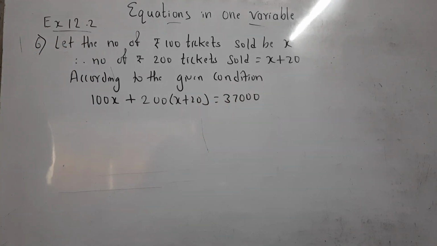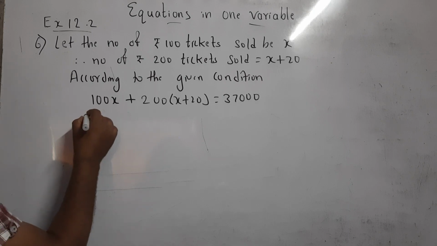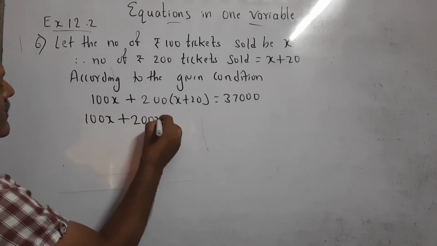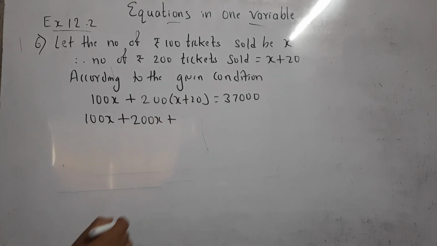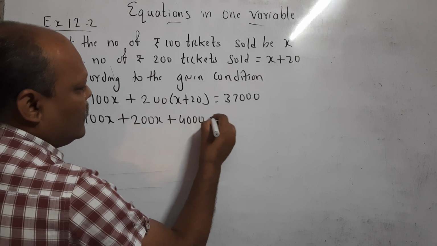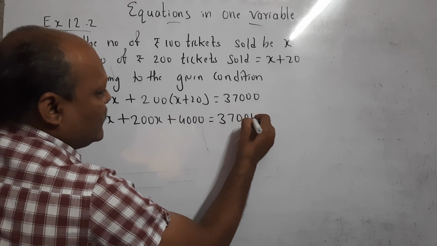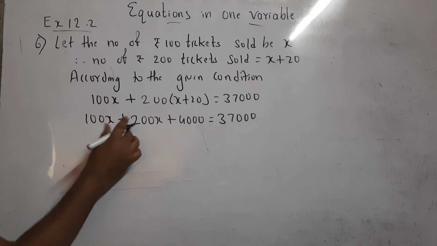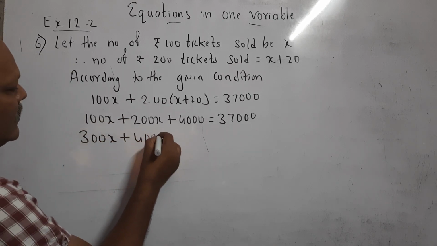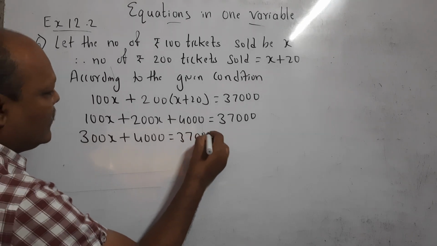I hope all of you understood here. Now open the bracket. 100x plus 200x, and 200 into 20, what will we get? 2 twos are 4 and three 0s, 4,000. 100 plus 200, 300x plus 4,000 is equal to 37,000.